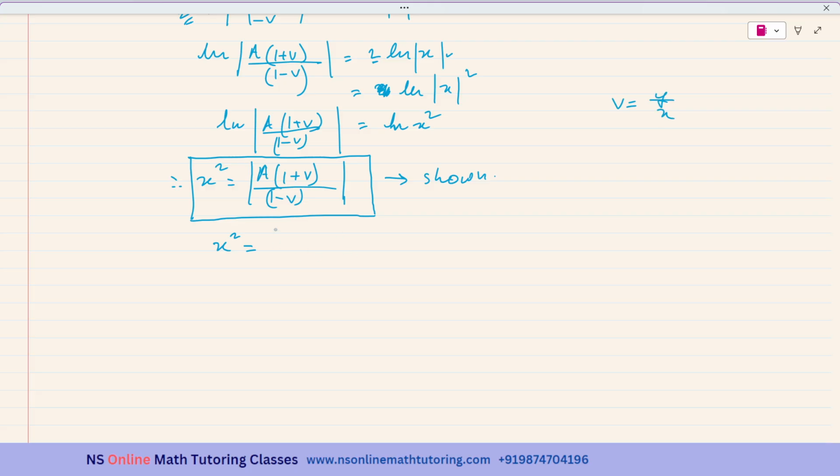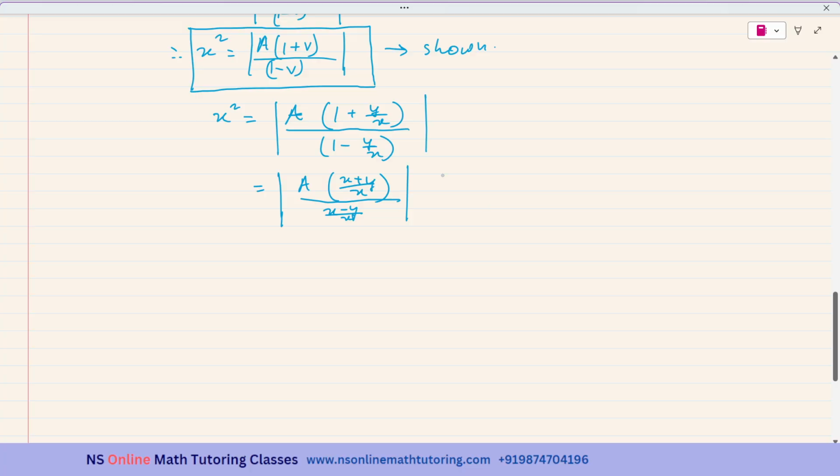So it is a and 1 plus y over x over 1 minus y over x. So this is equal to a and x plus y over x over x minus y over x.